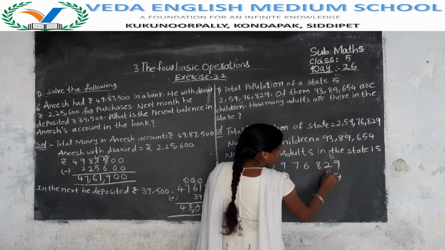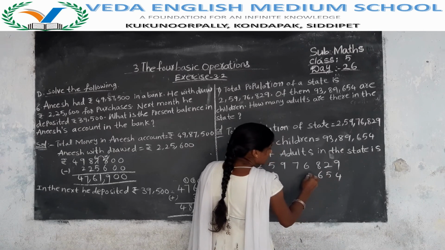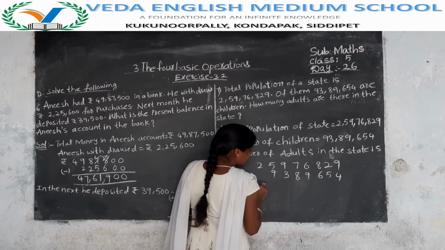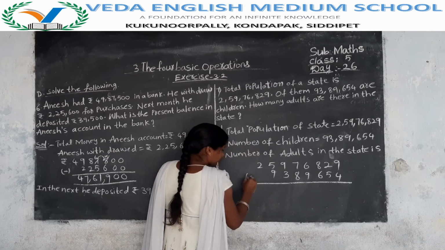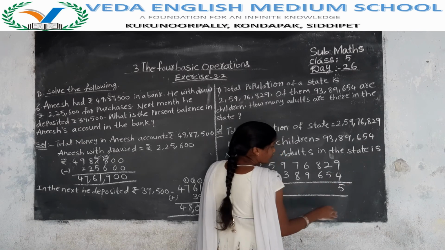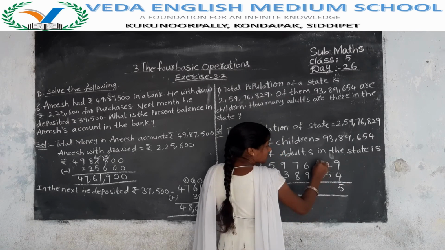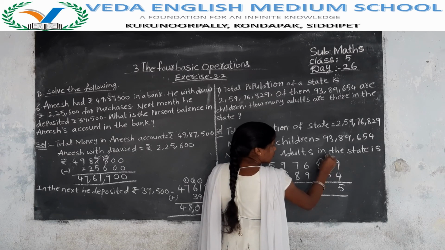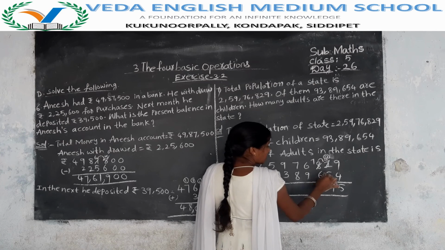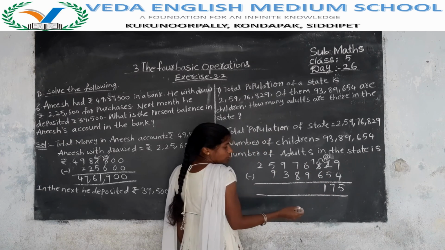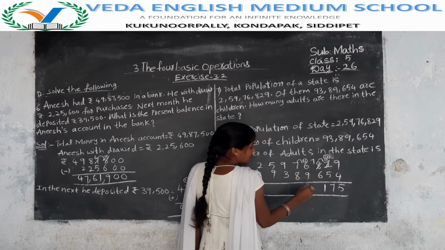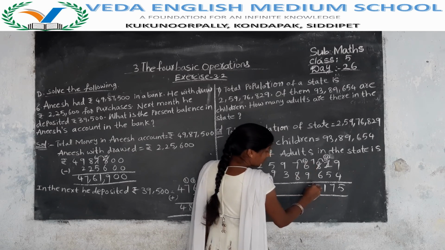4, 5, 6, 9, 8, 3, 9. Then subtract 9 minus 4, 5. 2 minus 5 not possible, then take borrow. 10, 10 plus 2, 12. 12 minus 5 is 7. 7 minus 6 is 1. 6 minus 1 not possible. If you take borrow, it becomes 16. 16 minus 9 is 7.